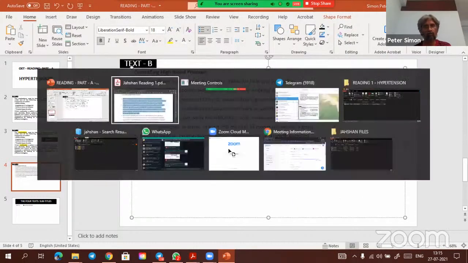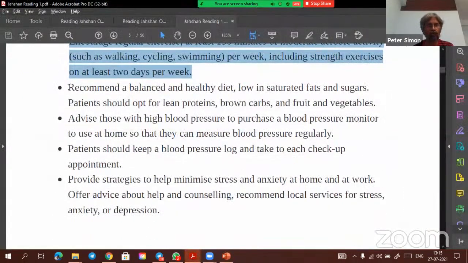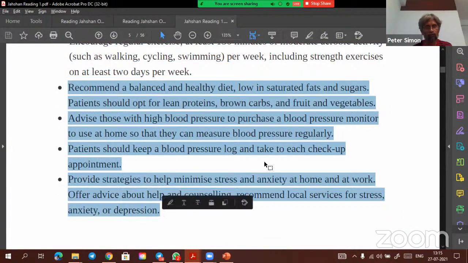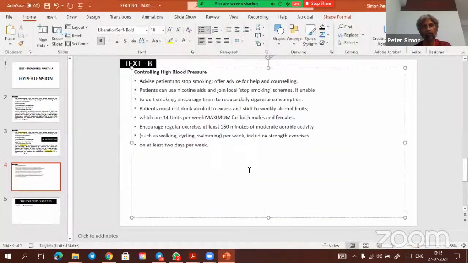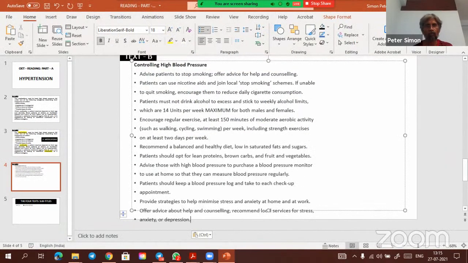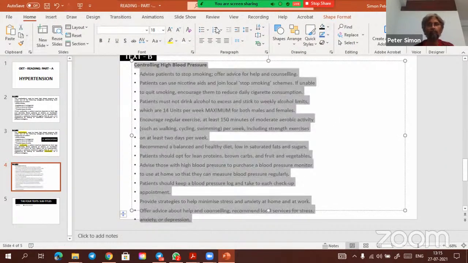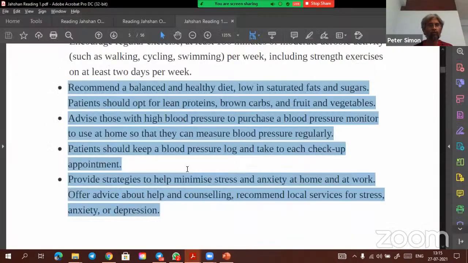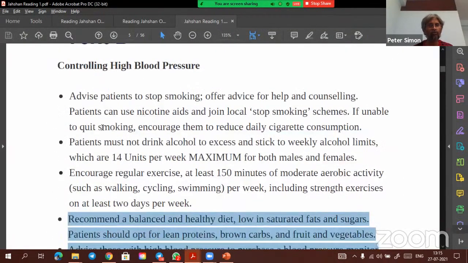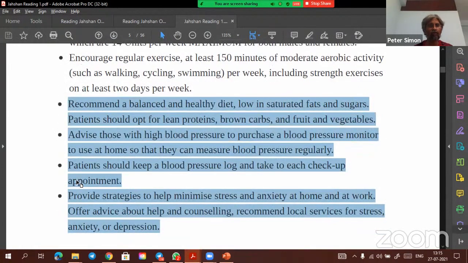To find out some solution. That's all. So we have 1, 2, 3, 4, 5, 6, 7. Okay, 1, 2, 3, 4. 5, 6, 7.